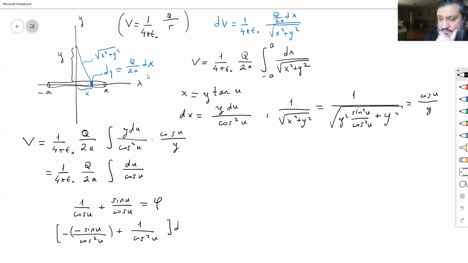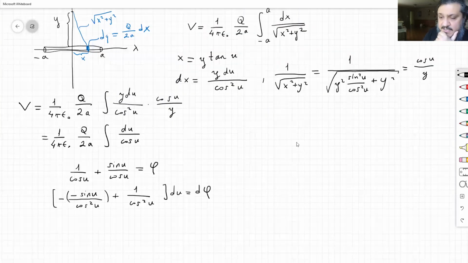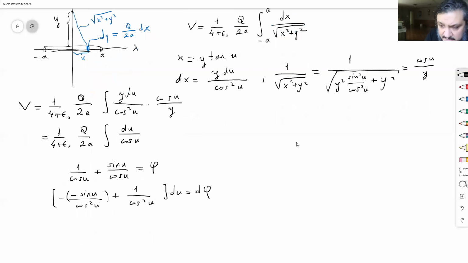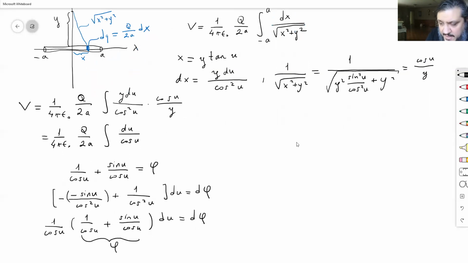So d phi is equal to 1 over cosine u times the quantity 1 over cosine u plus sine u over cosine u, du. That is what we called phi.